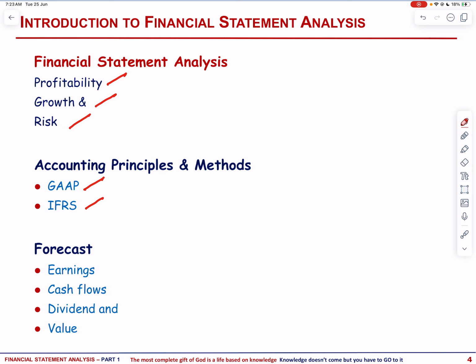These principles and standards help us to measure and report the financing, investing, and operating activities of the firm. The financial statement help us to forecast how the future financial statements will look like. It helps us to determine the future earnings, the future cash flows, the dividends, and the future value of the firm.